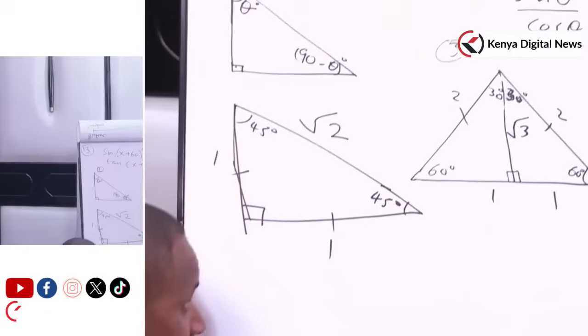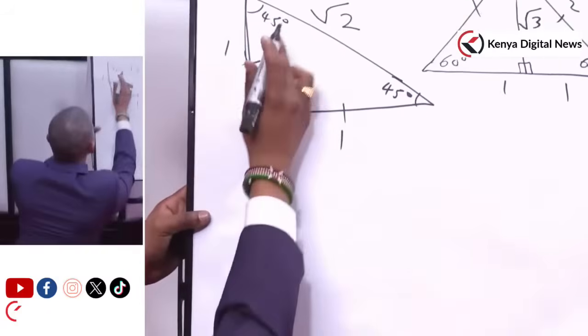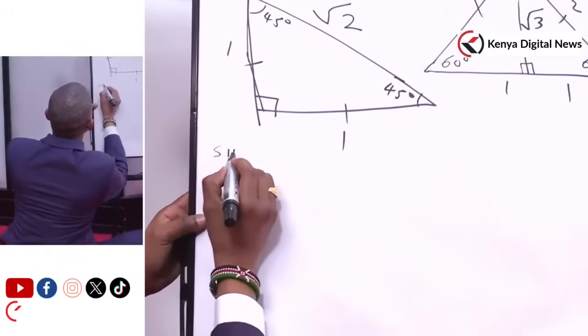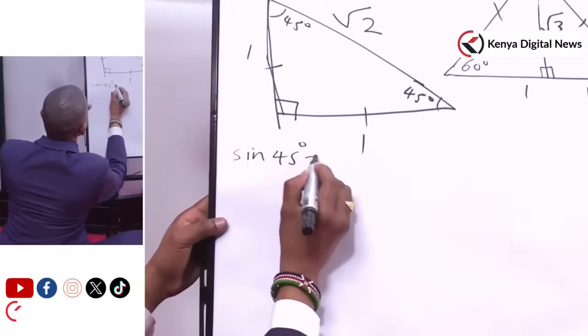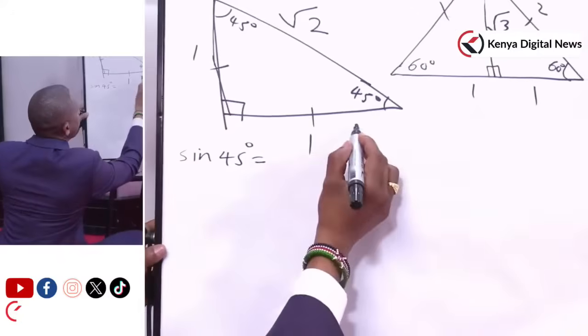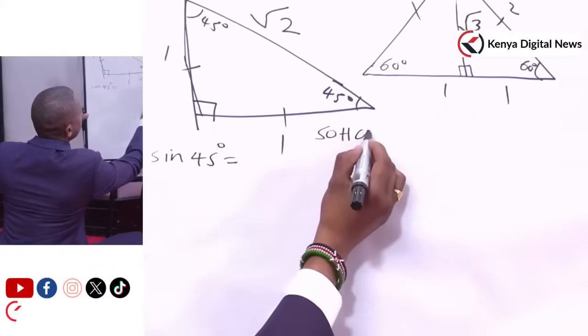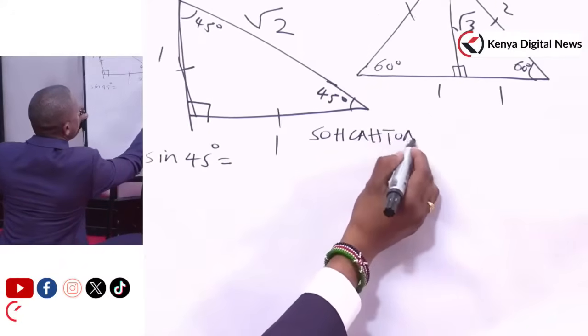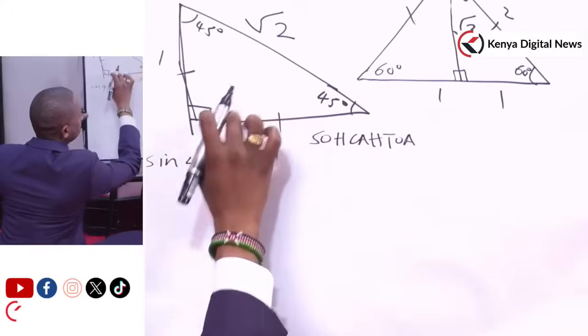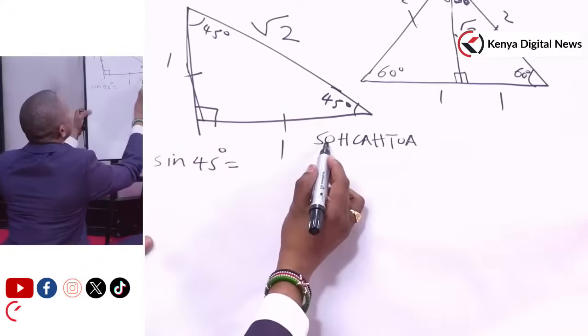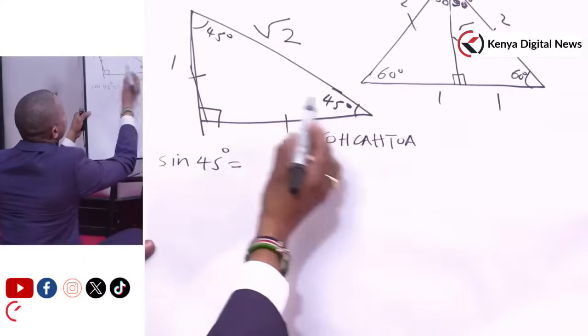So when you come here, we start with sine 45 degrees equals to, the common principle that we use here is SOHCAHTOA. We are on this triangle for 45 degrees. So sine 45 equals opposite over hypotenuse.